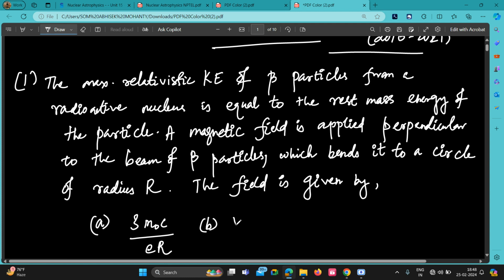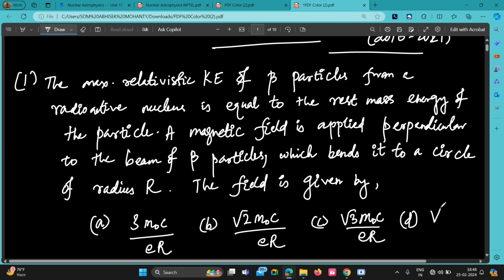Option B, root 2 m naught c by er. Option C, root 3 m naught c by er. Option D, root 3 m naught c by 2er. This question came in JEST 2016.